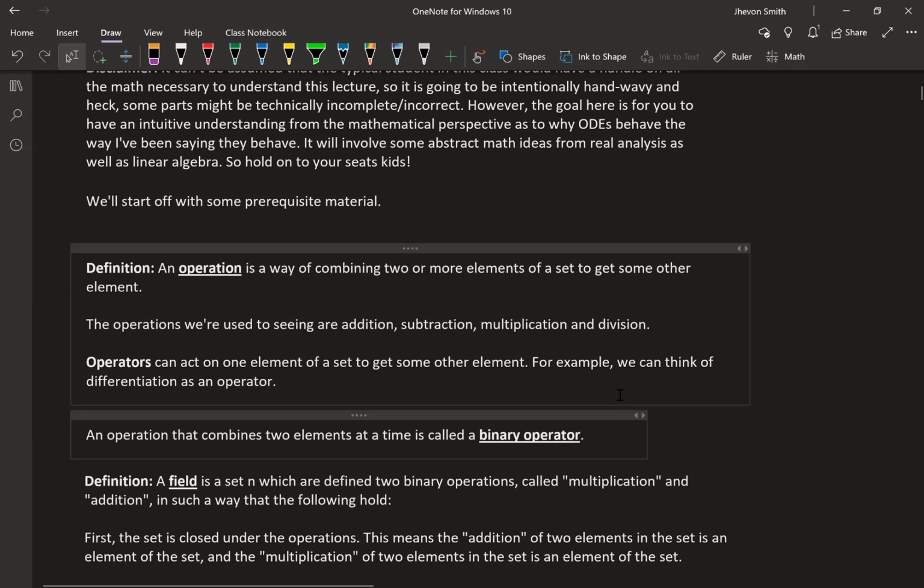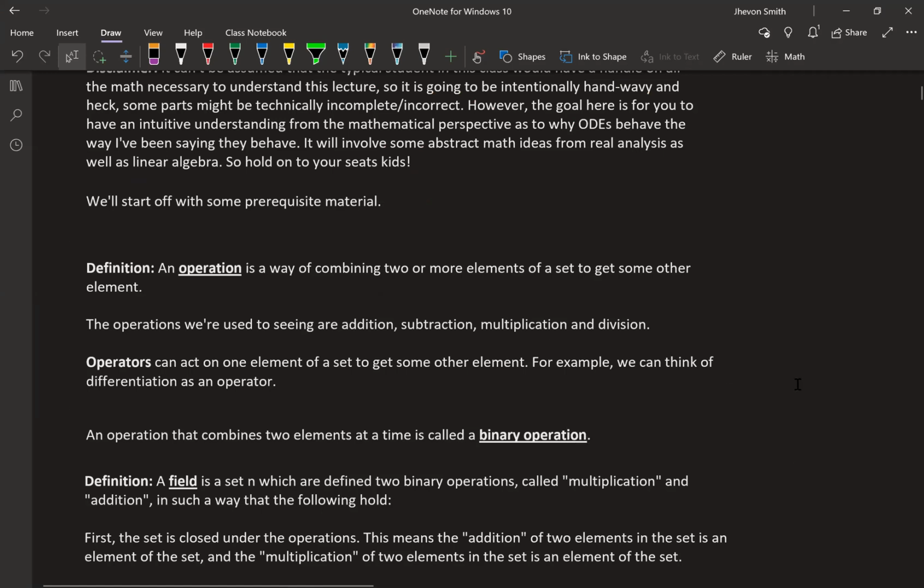It's called a binary operation, okay? Operators are other things as well. These are guys that can act on one element at a time to create something else. So for example, differentiation is an operator. You can talk about the differential operator, right?